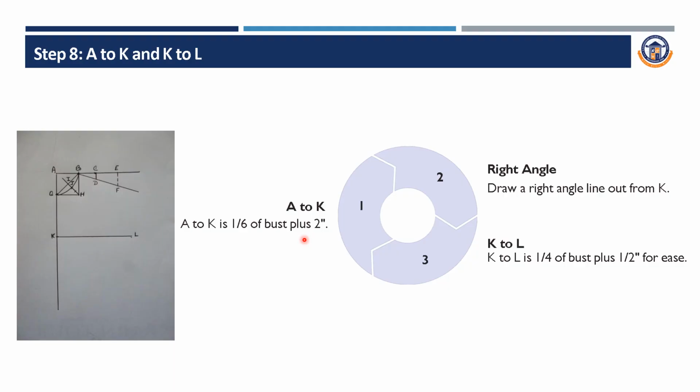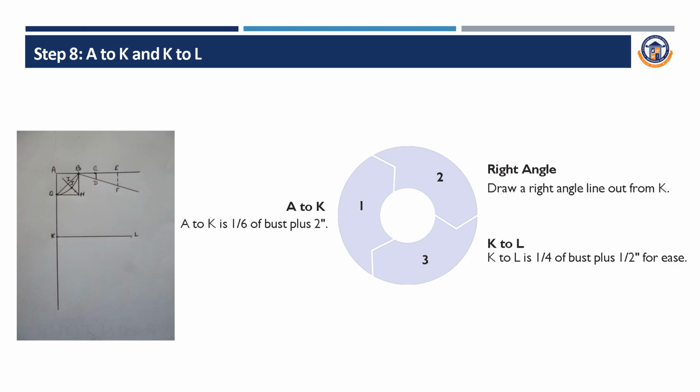So 1/6 of the bust plus 2 inches gives you the point K. After marking K, from K, draw a right angle outward line making K to L, which is 1/4 of the bust plus half an inch for ease allowance.